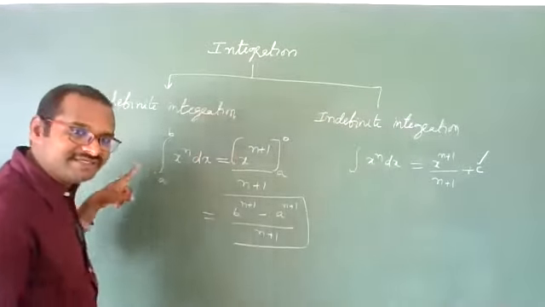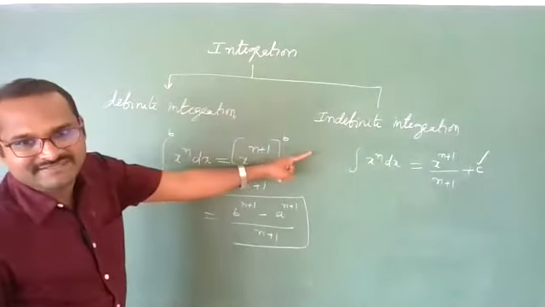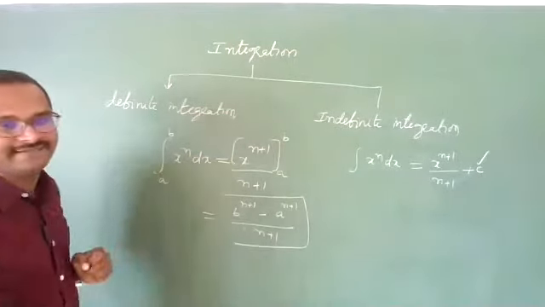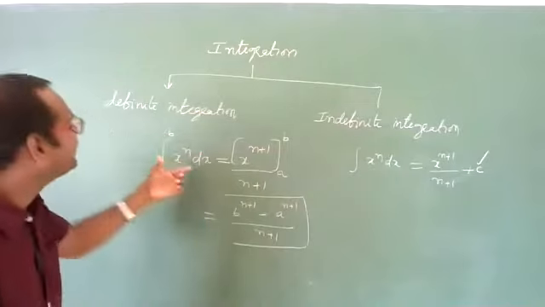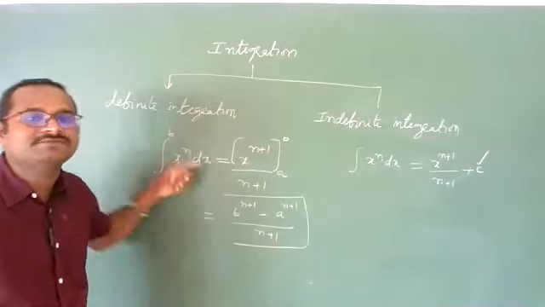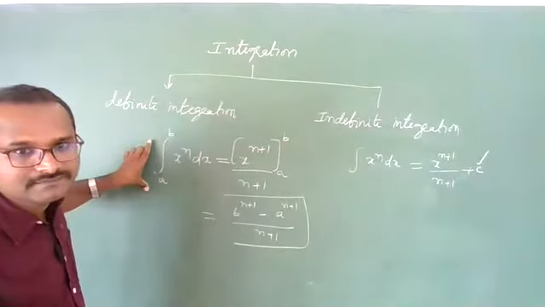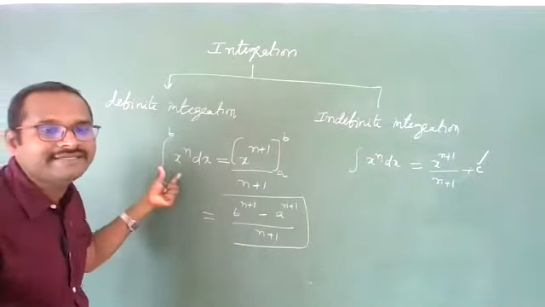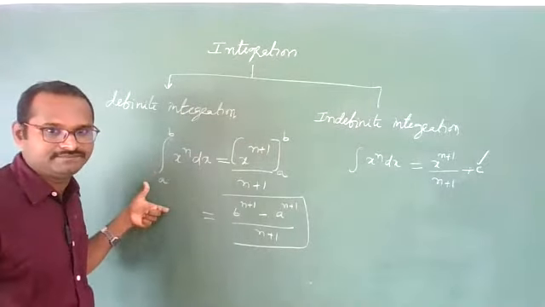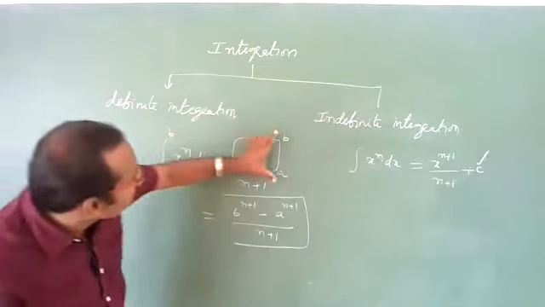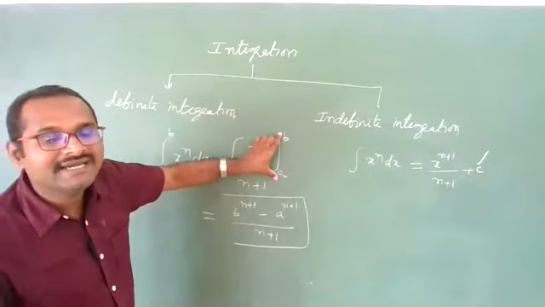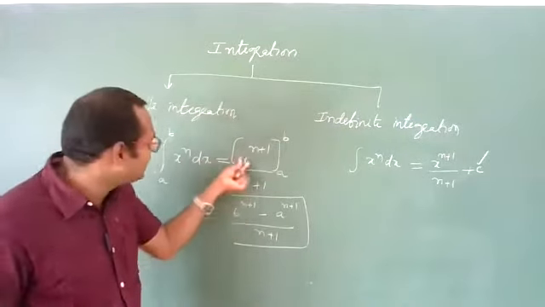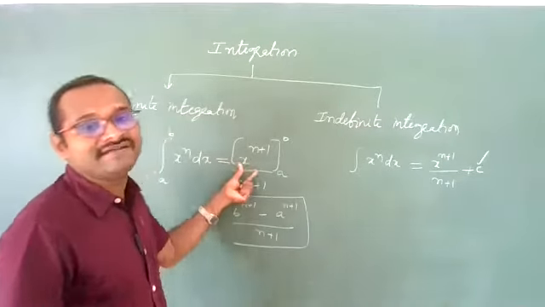So integrations are of two types: one is definite integration, another is indefinite integration. In definite integration, the limits of the integral are specified. From where to where we have to integrate will be mentioned. Those limits we should write in brackets, and apply to the integrand after integration.